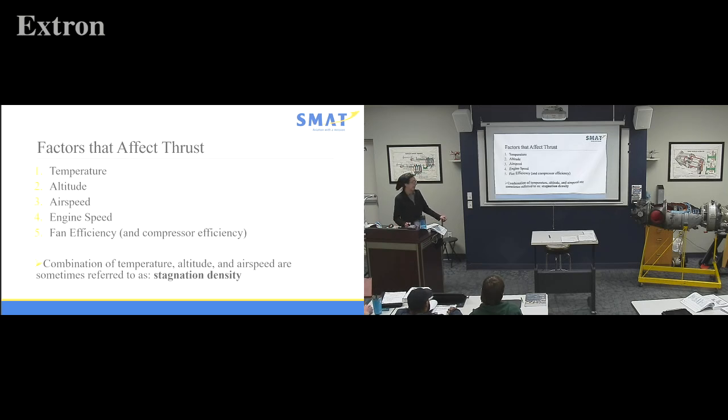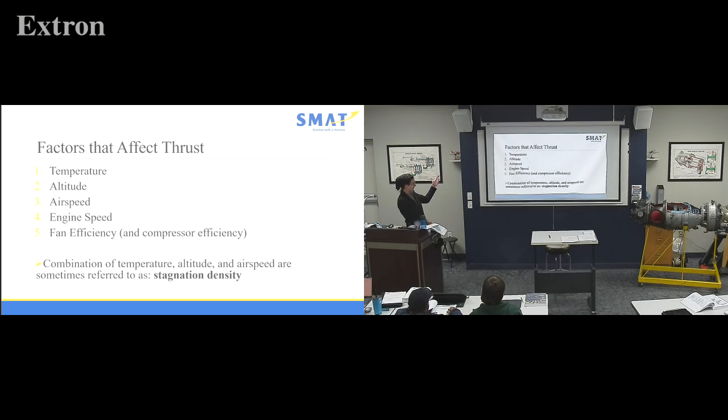Factors that affect thrust. You're going to have a lab on these, so you need to know these. You're going to be going into your textbook and some other resources to see how these things affect thrust. But we're going to go through each one of these.